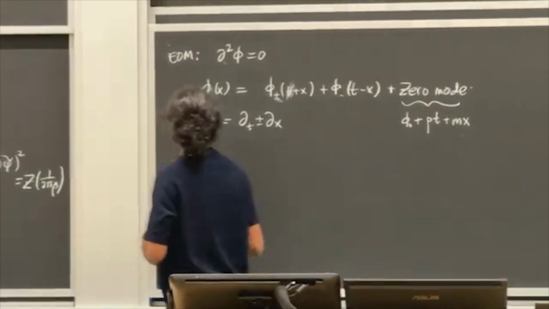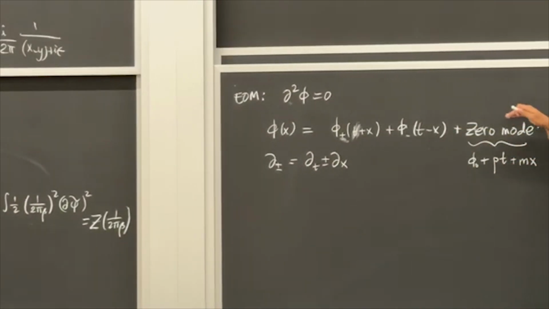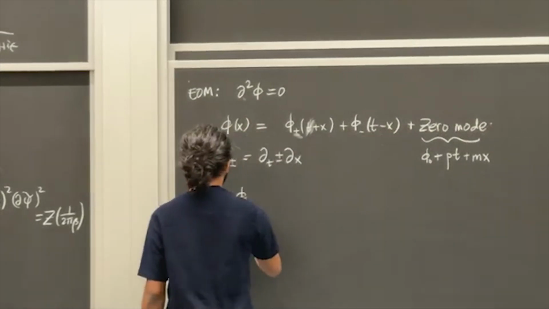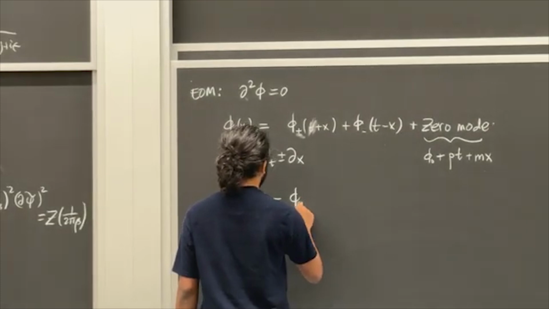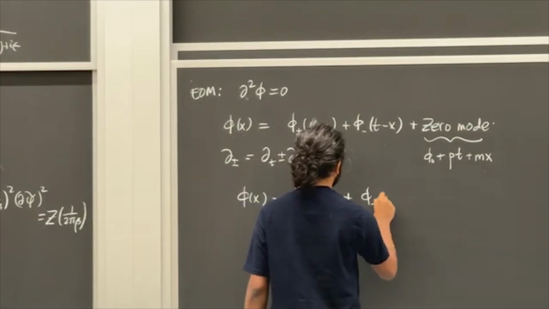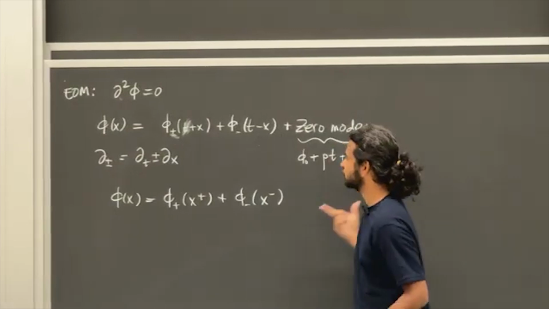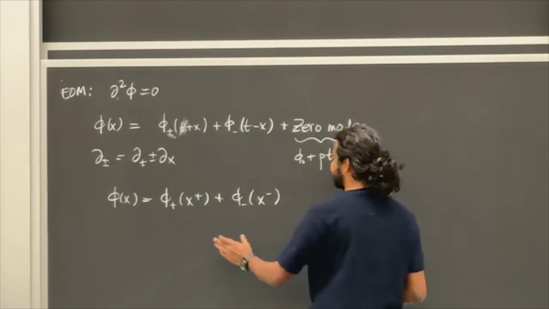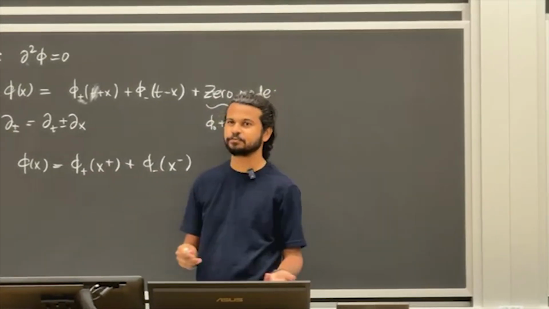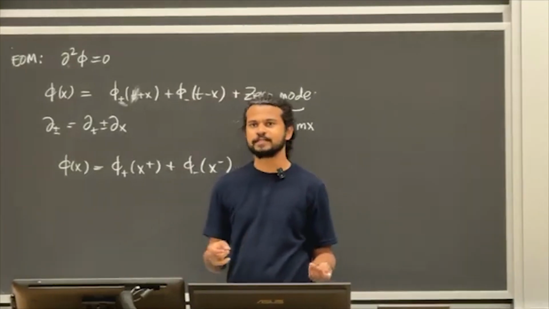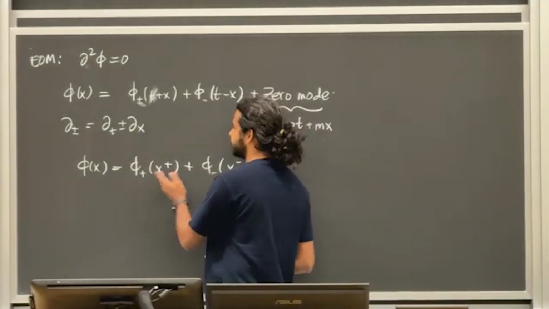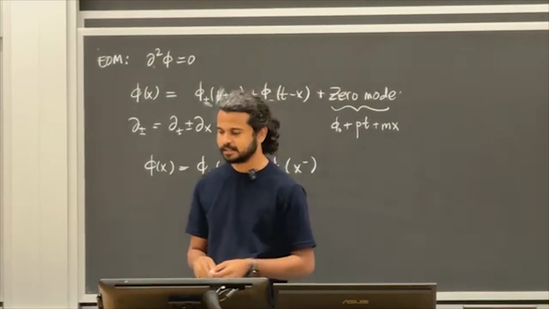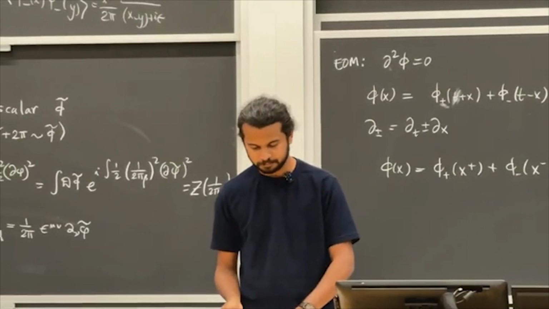But to avoid the subtlety due to zero modes, we will just write phi plus x plus, phi minus x minus, where the zero mode is also pushed into these solutions. But now we write down phi plus and phi minus in terms of the field and its conjugate momentum, and then we can evaluate correlations using phi and pi correlations itself. That's the broad plan that we're going to follow.